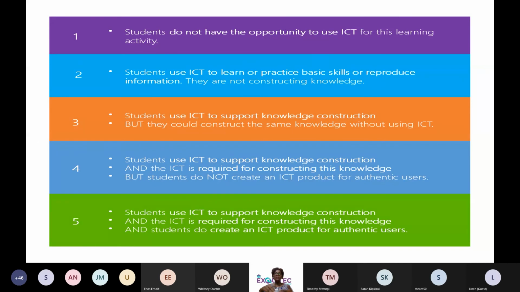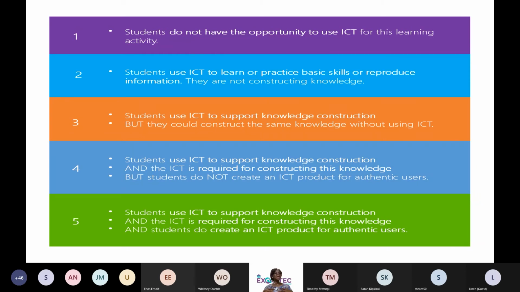And then at level 5, students construct this knowledge, but the product is for authentic users. So it's not just enough for me to have designed. For instance, I remember being invited to judge some students' work from a school outside, and some of them developed blog sites and a dummy website and all that.